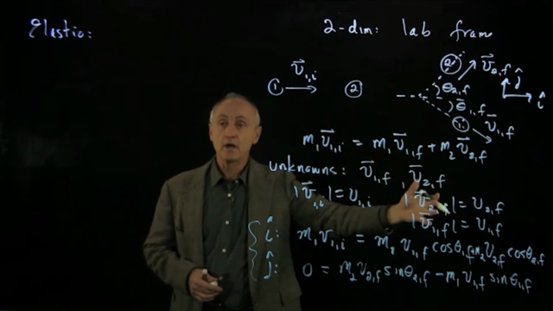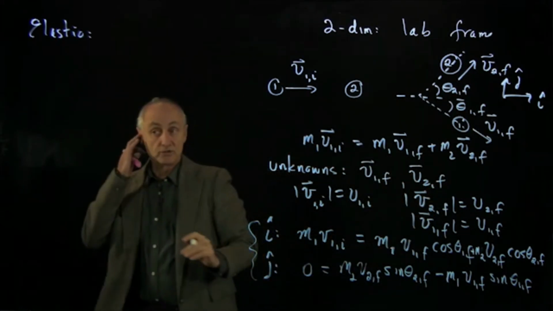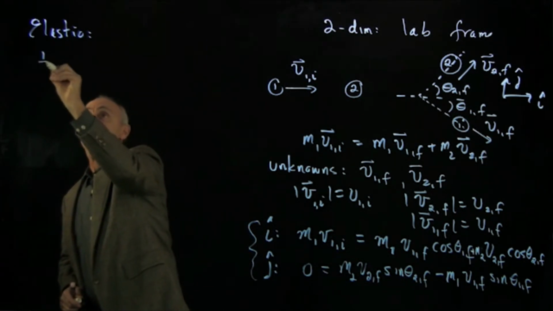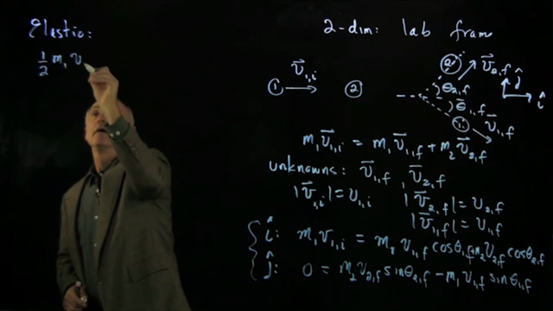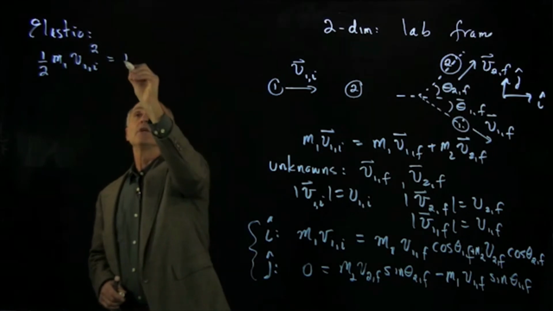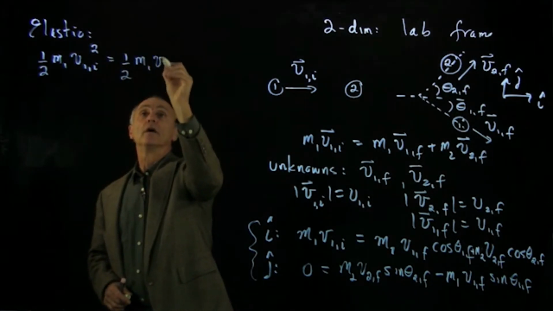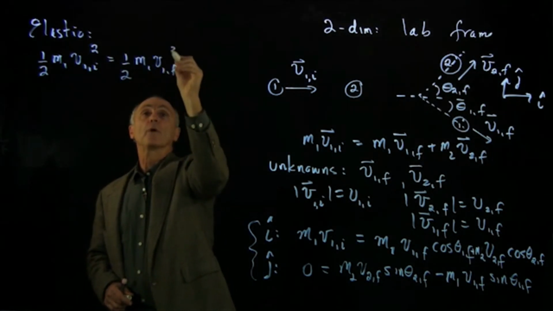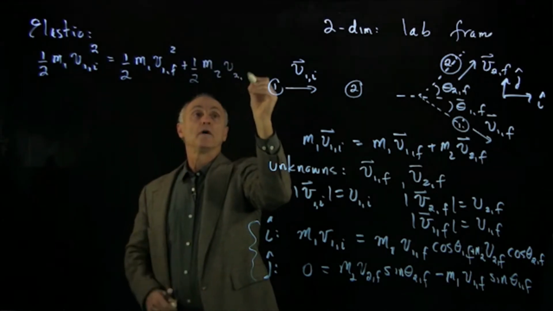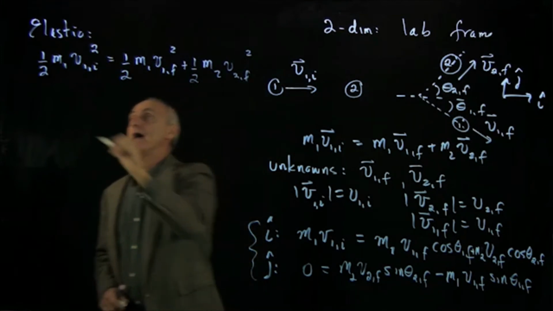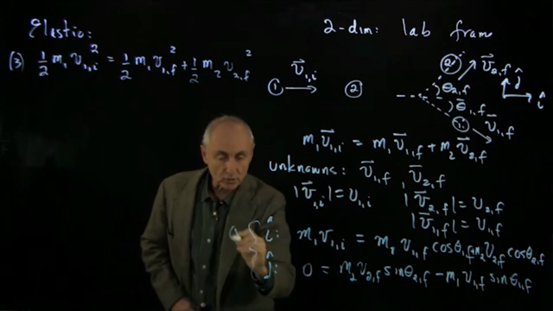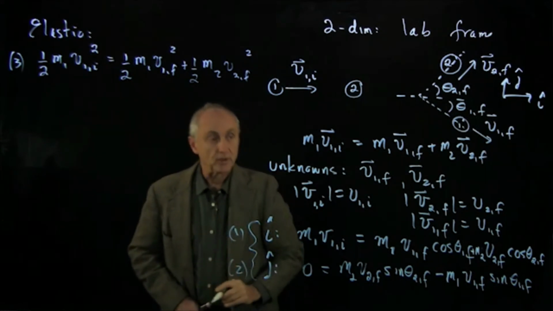We've been describing our incoming velocity vectors in terms of magnitudes, so we can write our elastic energy condition as the incoming kinetic energy is equal to 1/2 m1 v1 final squared plus 1/2 m2 v2 final squared. And that is our kinetic energy condition. Let's label this equation 1 and equation 2.